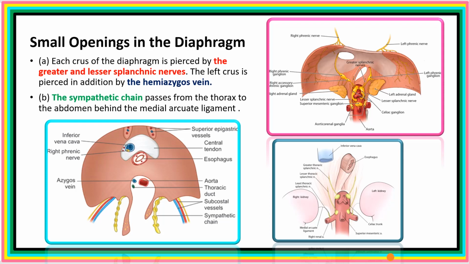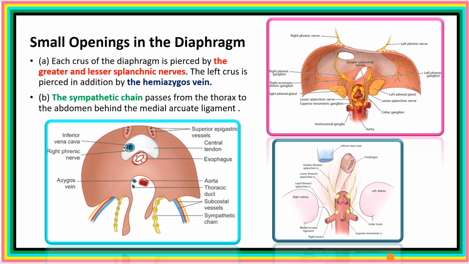Now, while the left crus is transmitting the lesser and greater splanchnic nerves alongside the right, it will also additionally transmit the hemiazygos vein. So, the hemiazygos vein passes through the left crus of the diaphragm, while the azygos vein passes through the aortic opening that is seen at the level of the T12 thoracic vertebra.